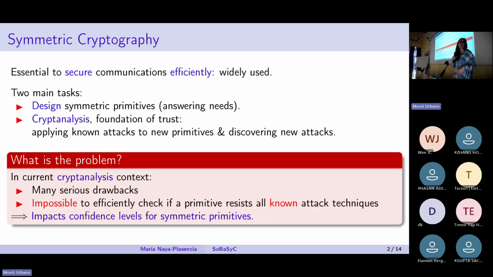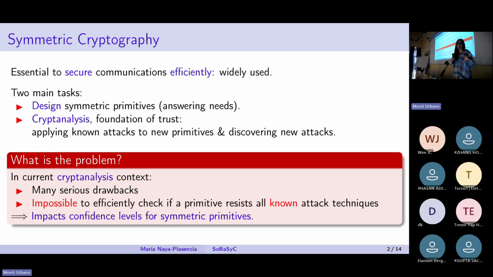You all know that symmetric cryptography, if you're here, you're convinced it's super important and we need it to secure communications efficiently, and it's widely used. And the modus operandi of cryptography is mainly that people propose designs of primitives that answer certain needs that appear. Then in order to trust these primitives, the community cryptanalyzes these constructions and tries to find attacks.